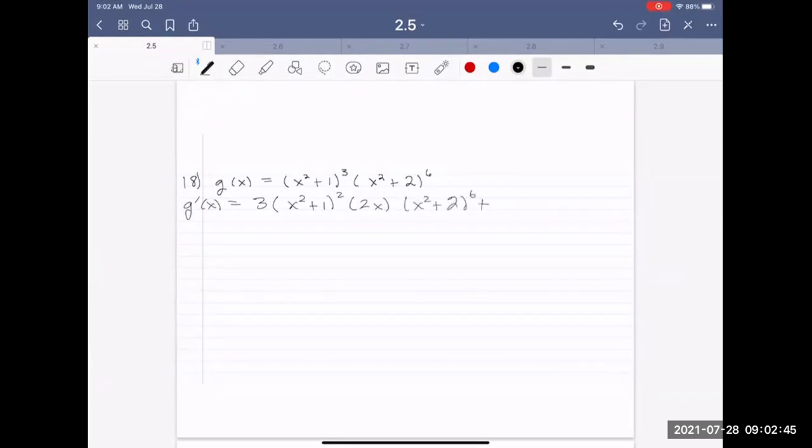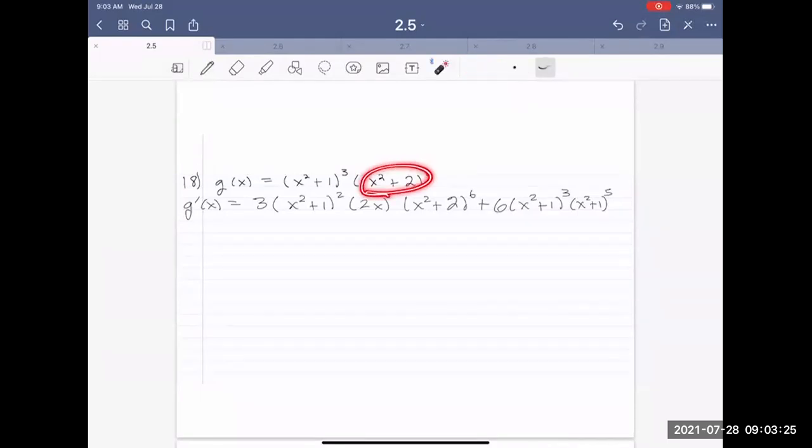Plus, so I have done the derivative of the first times the second. Now I have to do the first times the derivative of the second. Plus the first times the derivative of the second. And so to take the derivative of the second here, I'll take the exponent, bring it out in front. I don't like putting it here, so I should put it out in front here. Times, well, let's rewrite what's in the inside to the exponent of 1 less, times the derivative of what's inside.